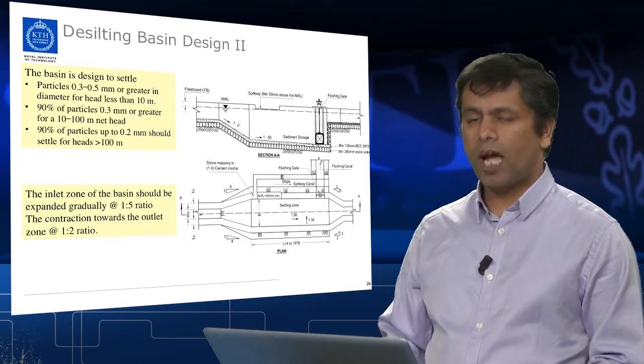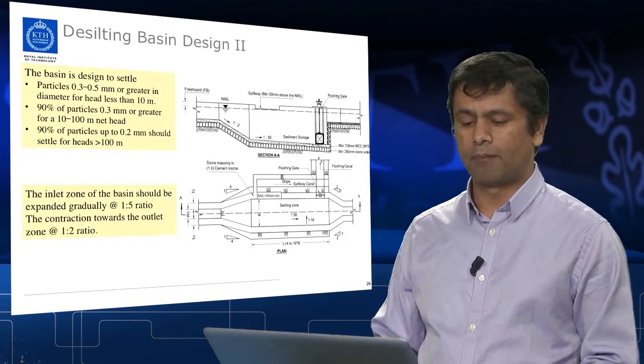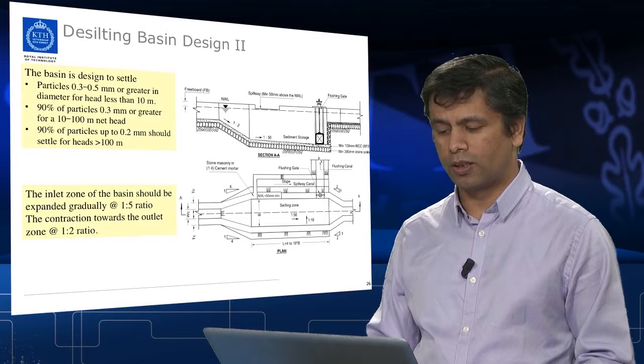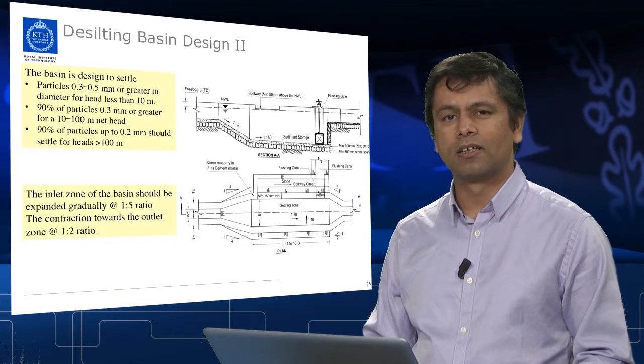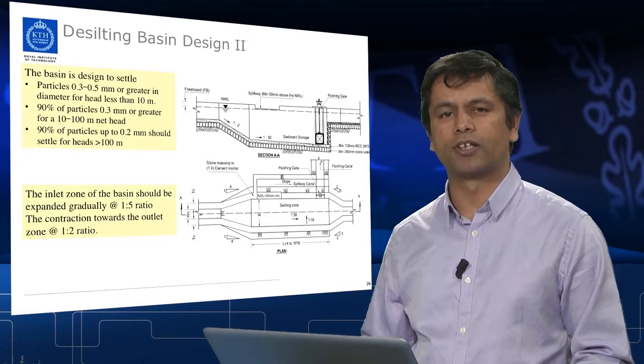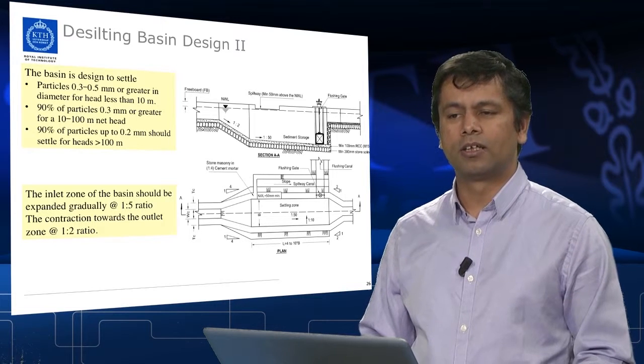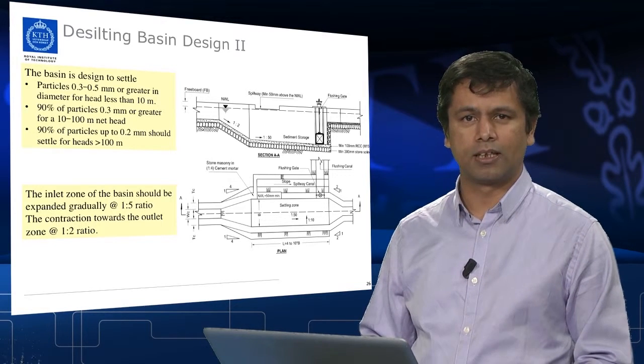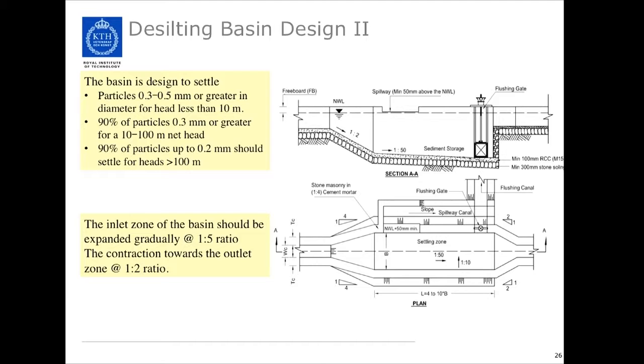So we have different head projects, and based on that we also have to think about what impact the silt particles can have on the turbine. If you have a high head, the risk is high with silt going into the turbine. That's why, if you have a higher head, we try to settle down particle sizes of 0.2 mm, and we design the desilting basin accordingly.